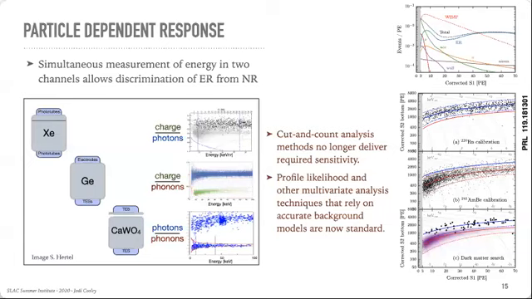Those techniques rely on us putting background estimations into them in order to reach the best sensitivities, to lower our sensitivities. So again, even with this really great discrimination we have, there are still backgrounds that leak in, and we still want to characterize them and get the most out of our analysis tools. We do that by characterizing the backgrounds and using these multivariate techniques.